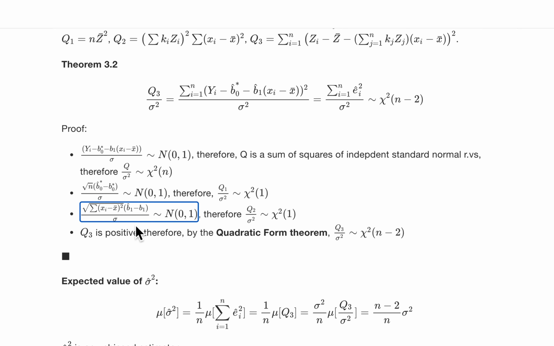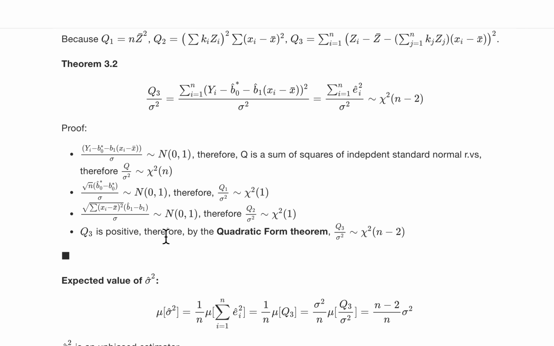Same for the Q2 term. The Q2 term is also normal; subtracting its mean and dividing by the standard deviation gives a standard normal, and squared it becomes a chi-square of 1 degree of freedom. Now what we have left is Q3, and by the quadratic function we introduced in the previous video, we know that Q3 divided by sigma squared is chi-square.